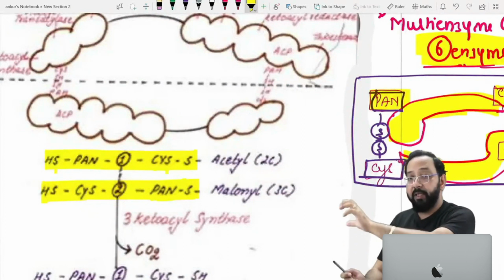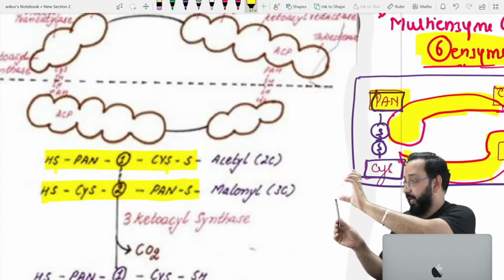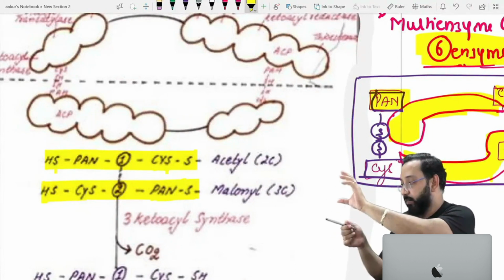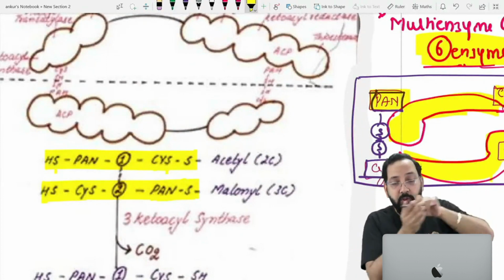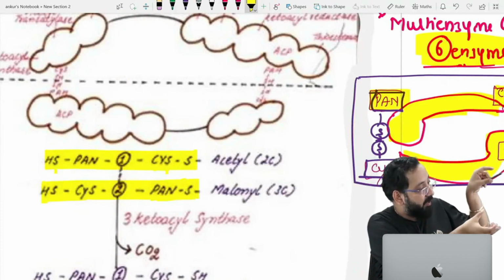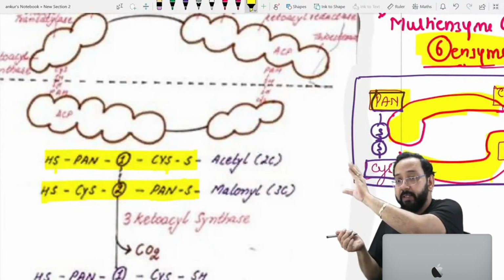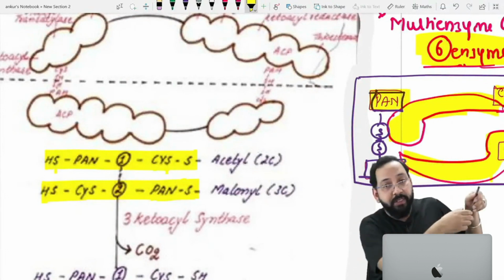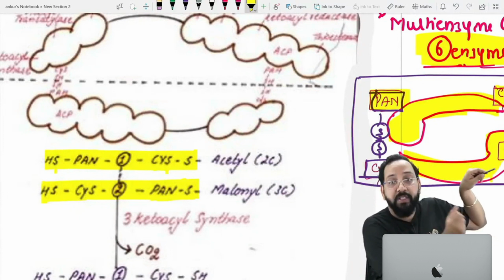Look at me. This is the cysteine end, this is the pan end. So the cysteine end is against the pan end. Here the pan end is against the cysteine end. So two opposite directions. In this direction, the upper one is the pan end and the lower one is the cysteine end.